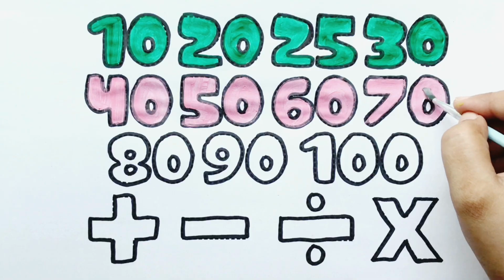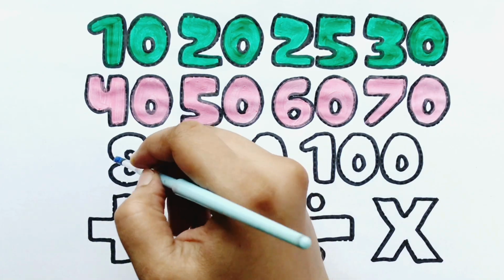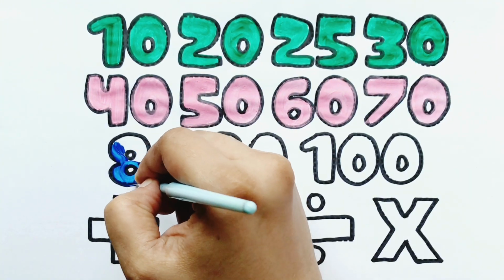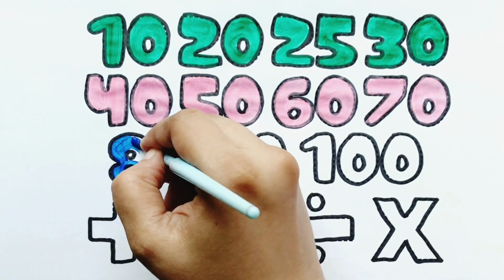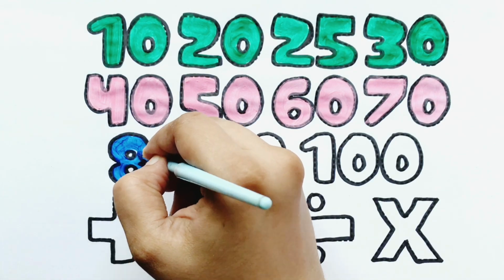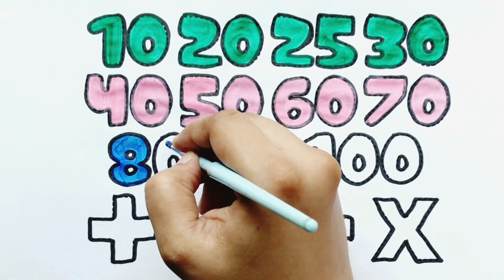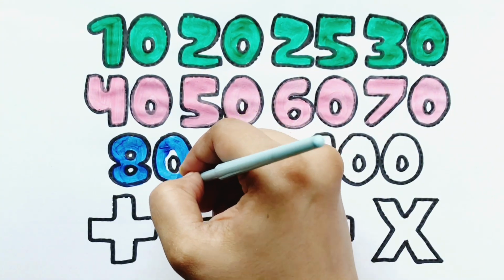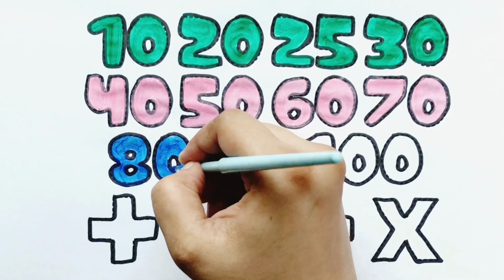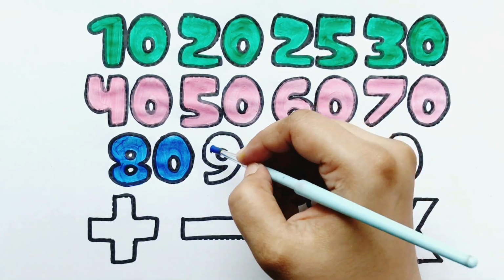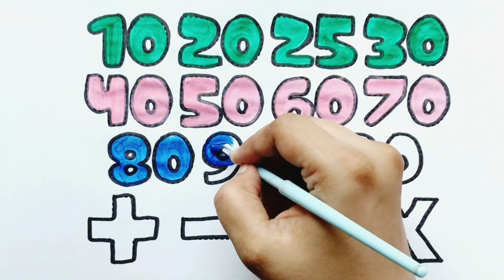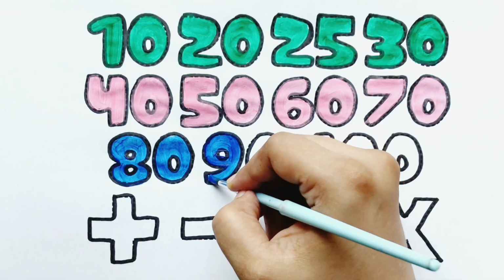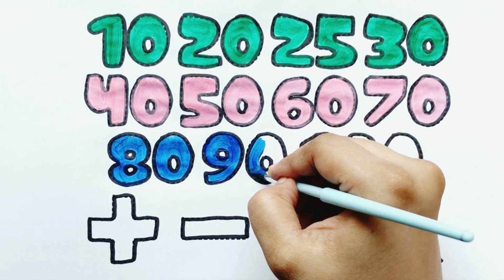A, B, C, D, E, F, G, H, I, J, K, L, M, N, Blue color. Number 80. R, S, T, U, V, W, X, Y, and Z. Now I know my ABCs. Next time, won't you sing with me? A, B, C, D, E, F, G, H, I, J, K, L, M, N, O, P, Q, R, Number 90. U, V, W, X, Y, and Z. Now I know my ABCs.